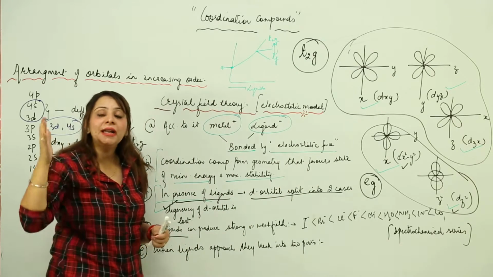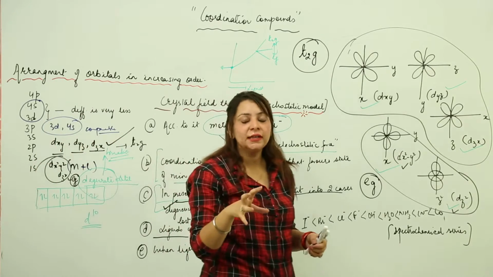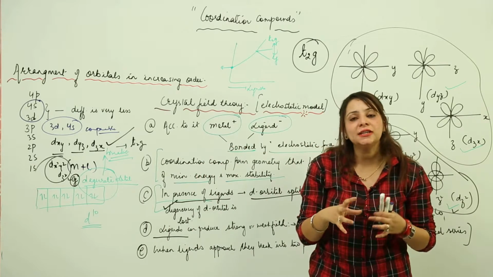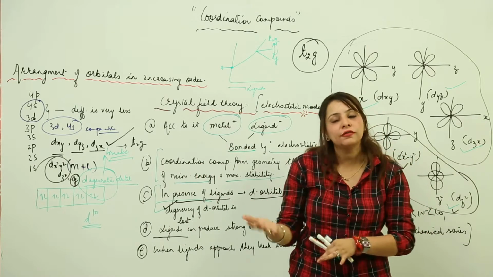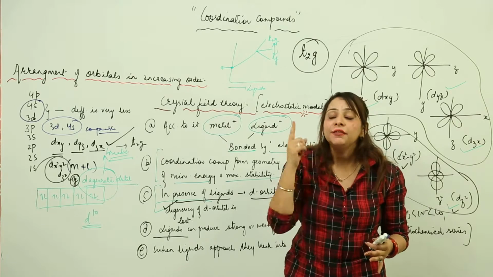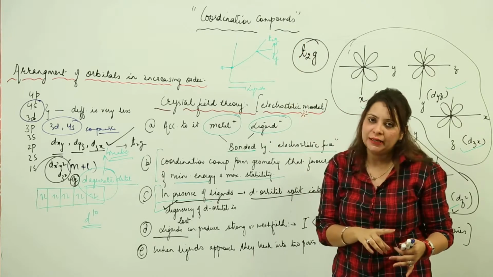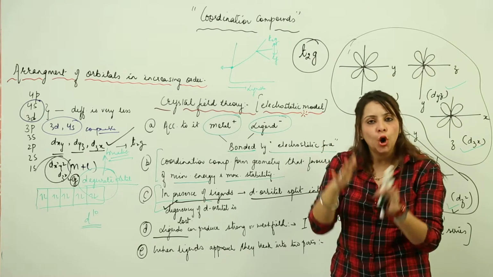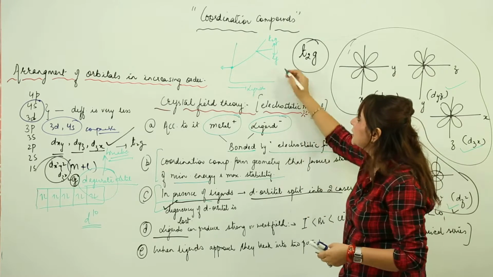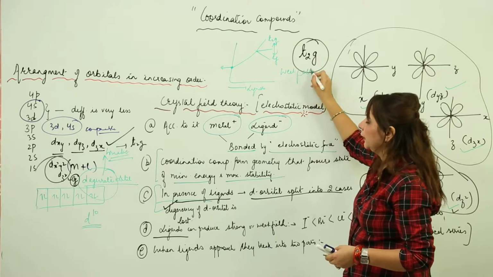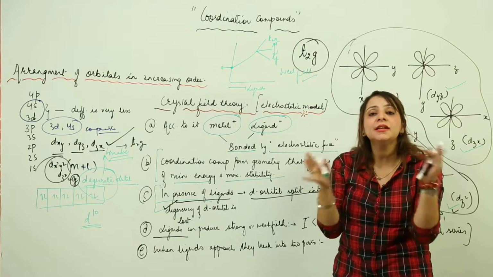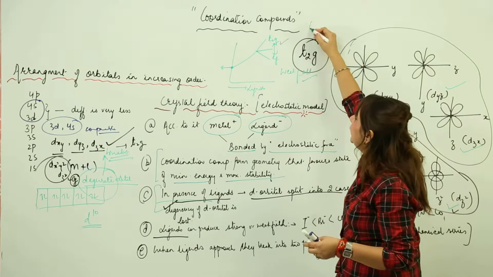Now depending upon which ligand is present, we can talk about whether it is a strong field ligand or a weak field ligand. If it is able to create a lot of energy difference, it is a strong field ligand. And if it is able to create a small energy difference, it is called a weak field ligand. This is actually crystal field splitting.